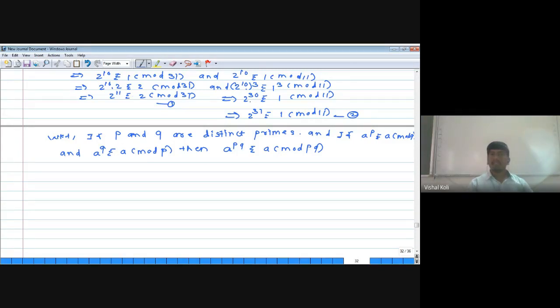Okay, so now we have to use this result for equations 1 and 2. Here 11 and 31 are two distinct primes, and 2 to the power 31 is congruent to 1 modulo 11, and 2 to the power 11 is congruent to 2 modulo 31.